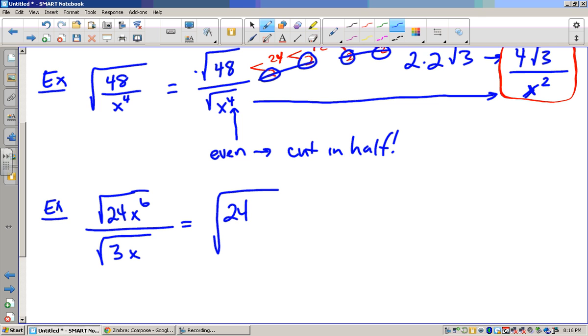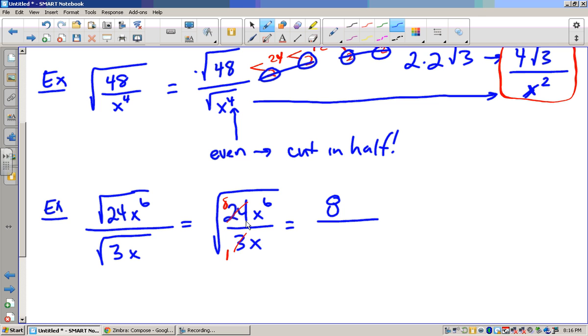So I put it together, 24x to the 6th power over 3x. Well, this stuff all simplifies now. Look at 24 and 3. 24 and 3, I can divide them both by 3. I can take a 3 out of that, make it 1. I can take a 3 out of that, and make it 8. So I have an 8 in the top now, because that's what 24 divided by 3 is.